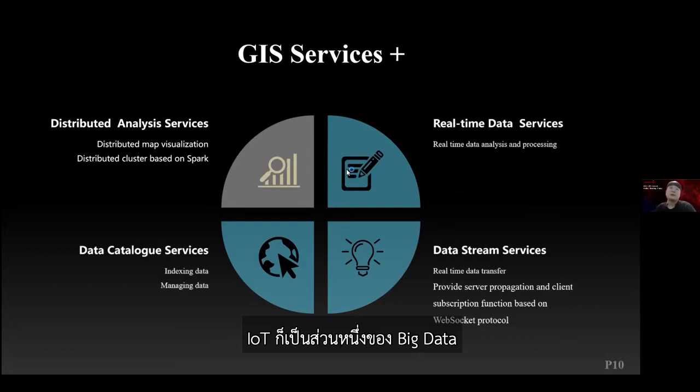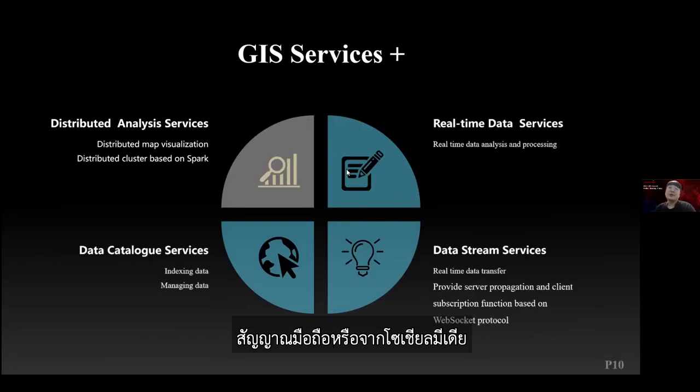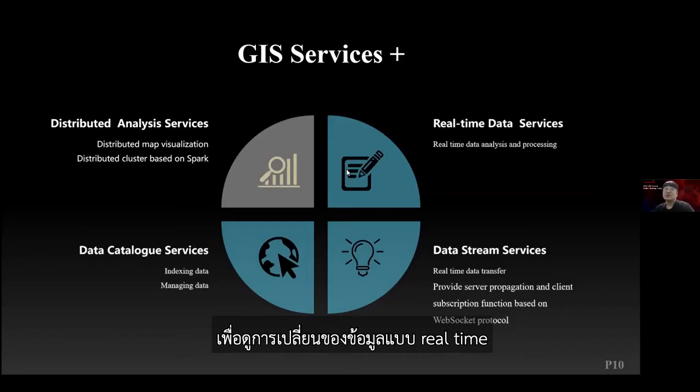IoT is also one part of big data. We can get the stream data, the real-time data, from such as a GPS device or mobile signal or even social media. And we can make this a data stream service to get the real-time data change.